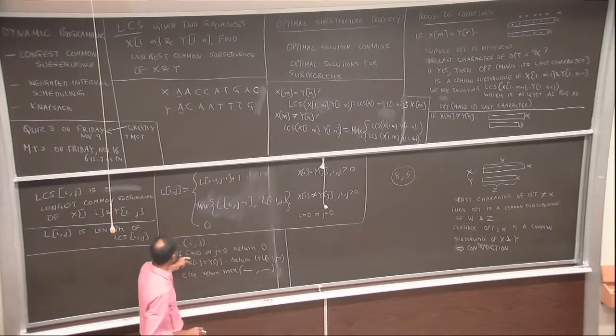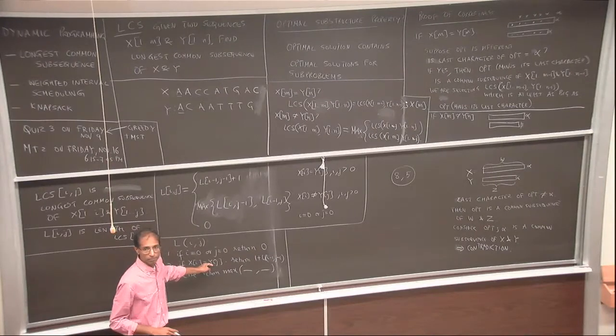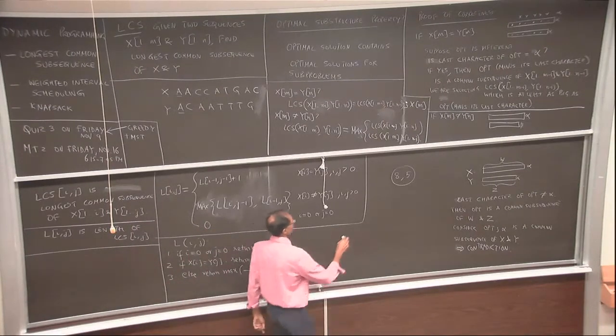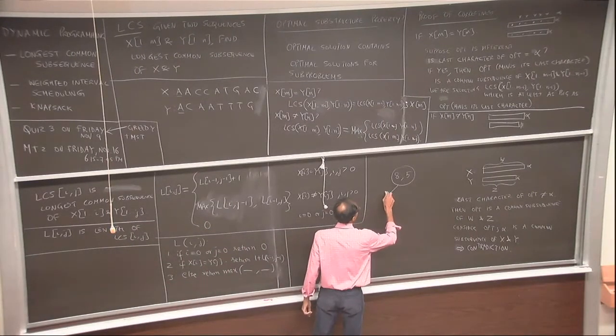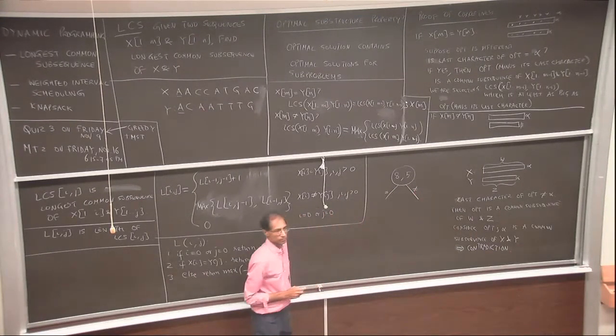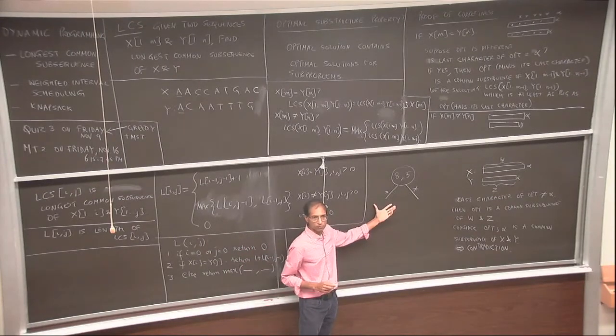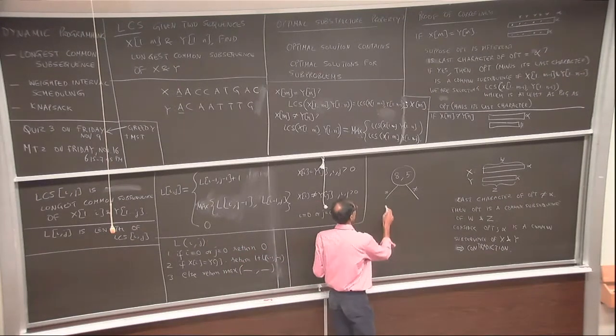You're going to check whether the last characters are the same. So there are two possibilities: equal or not equal. If it's equal, what is the problem reduced to? 7 and 4.